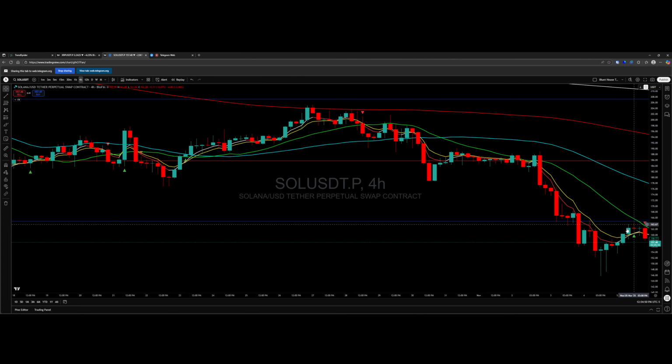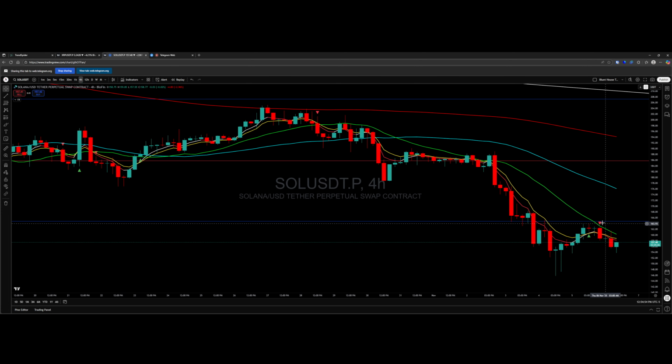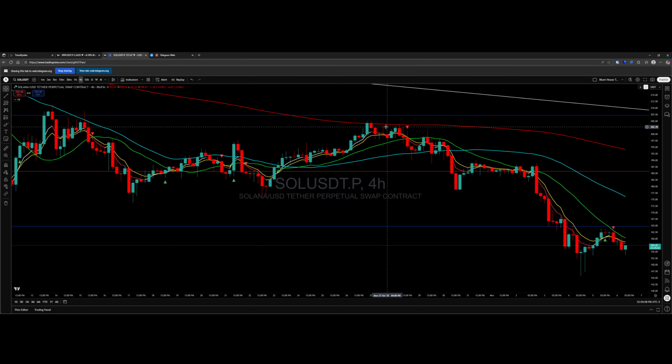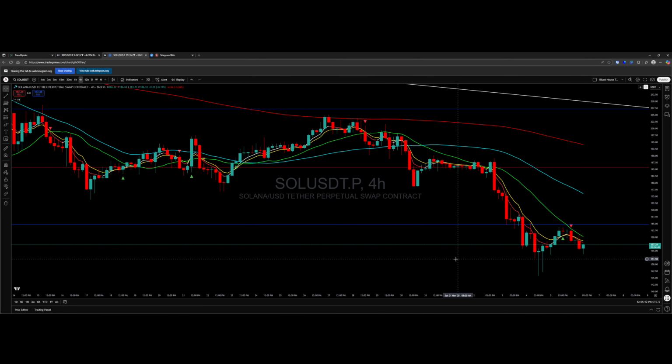Here's your first kind of attempt. Failure at the 20. How many times have you looked at a chart and it's doing one of these to the downside, and it keeps hitting the same thing over and over and over again, and then just continues its momentum.